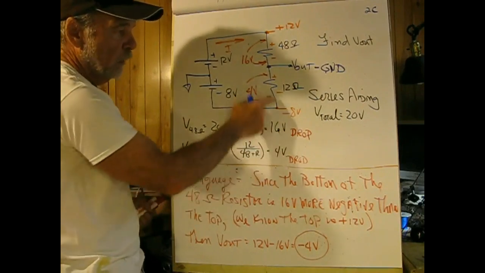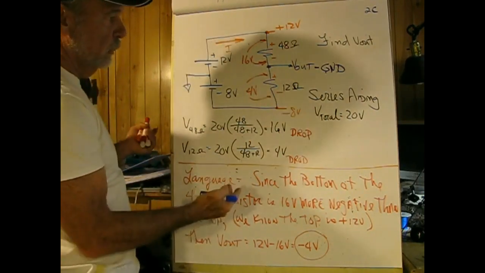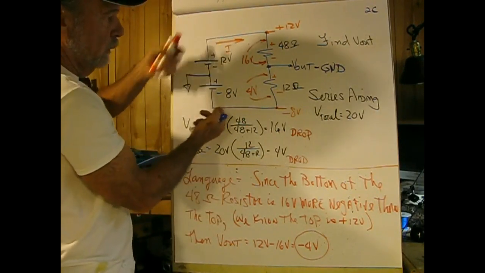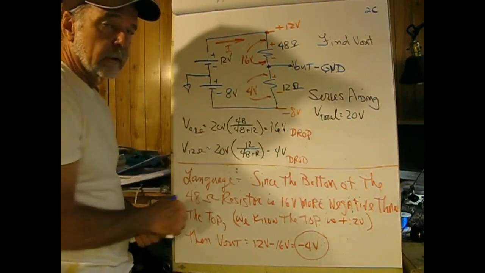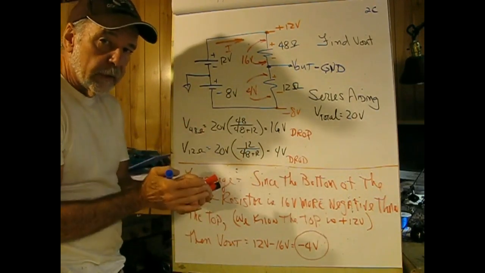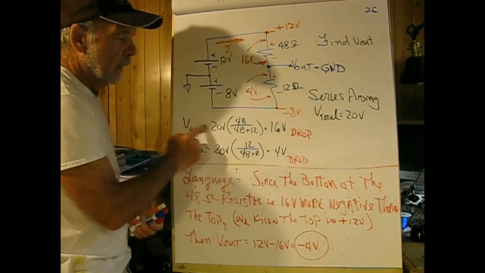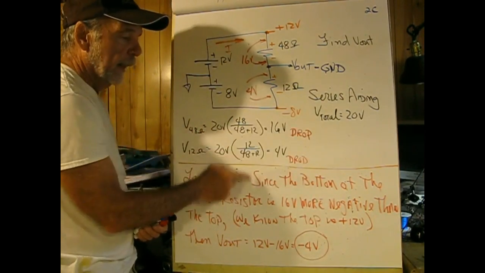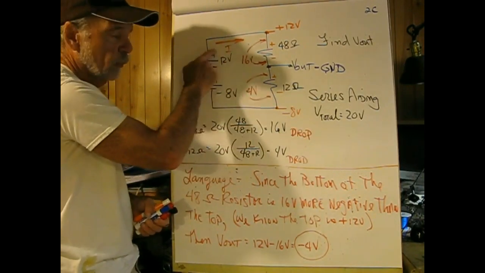Now we could find this drop in a different way. We don't have to use voltage divider. We could just simply say that, well, if I have 20 here and 16 here, according to Kirchhoff, I have to have 4 here. Now, which way do you want to use? Well, it's kind of up to you. If I misfire on this equation, I get a wrong answer if I subtract this voltage from 12.